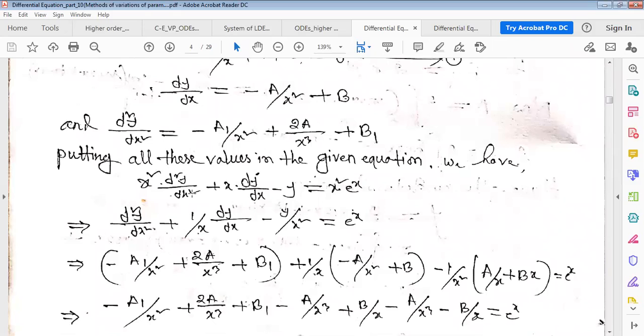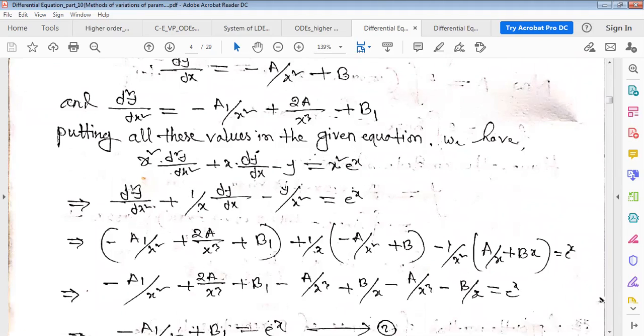The given equation is x square d square y by dx square plus x into dy/dx minus y equals x square e to the power x. Now just dividing by x square on both sides: d square y by dx square plus 1 by x dy/dx minus y by x square equals e to the power x.